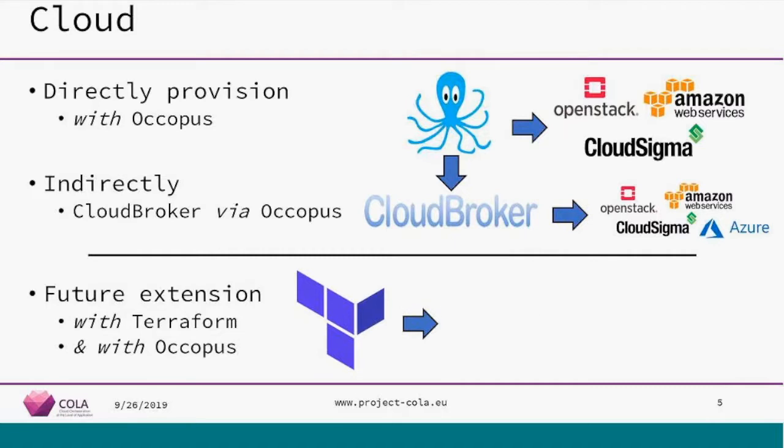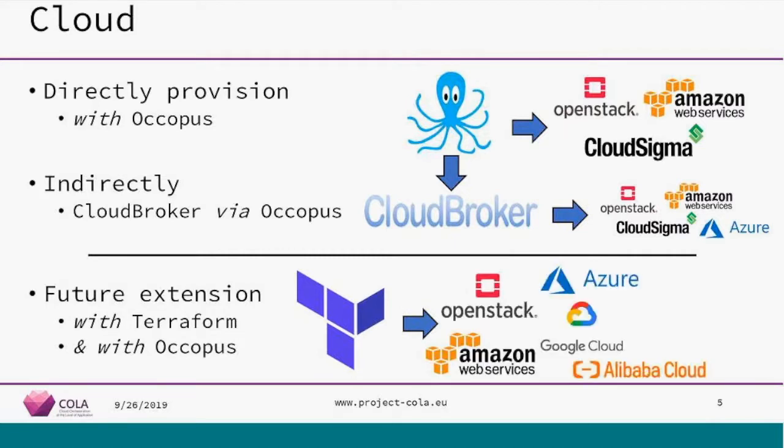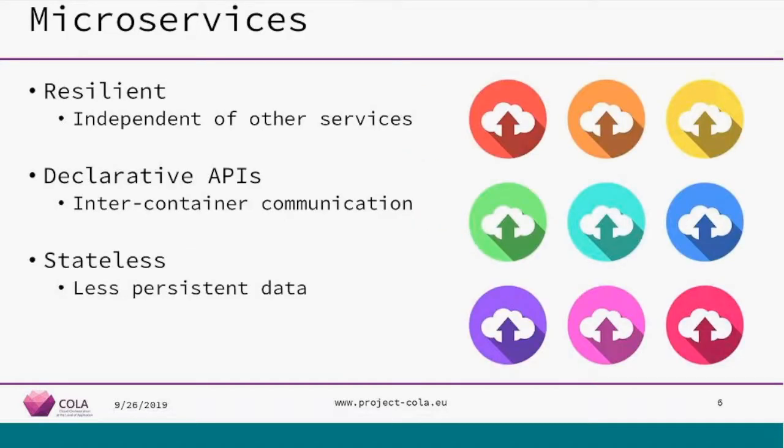Currently, we're working on a future implementation where Terraform is also included in the architecture. And for anybody who knows Terraform, it's got a huge community behind it. There's lots of provisioners being written for it all the time as new clouds are coming into the fore. And you can see that having Terraform as a tool will give us access to a lot of clouds.